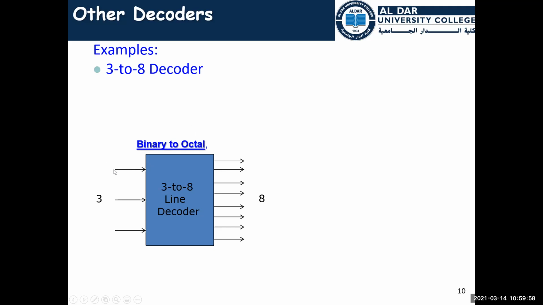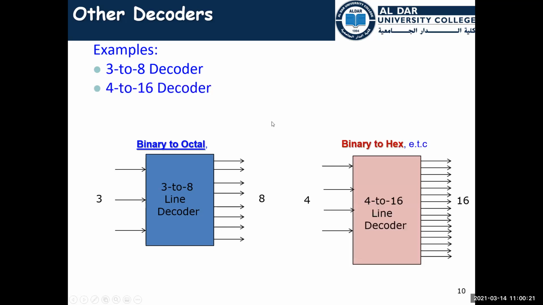So having the input in binary, the corresponding line will be active, the others will not be active. For example, if we have 000, this line will be active. If we have 111, the last line will be active and the others will not be active.